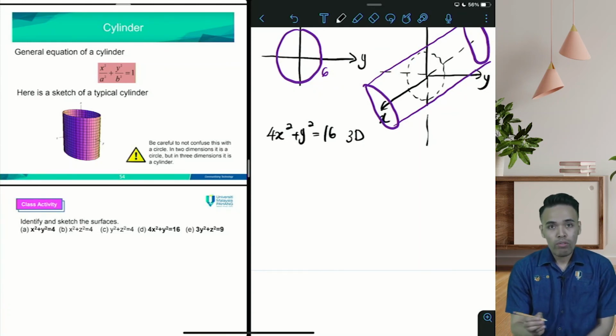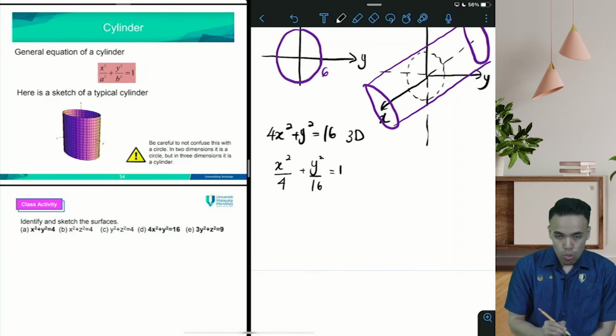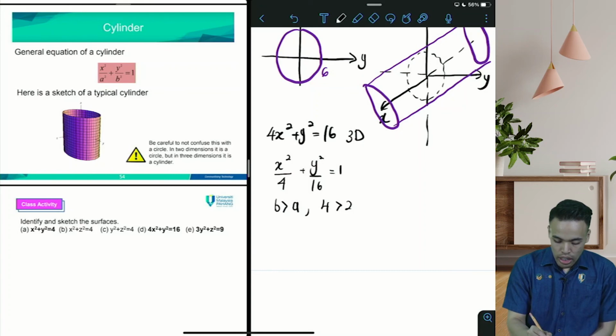So I have to divide the whole equation by 16. I will get x squared over 4 plus y squared over 16 is equal to 1. In this case, b is greater than a, such as b is 4 and a is 2. So you will end up with an ellipse in 2D.